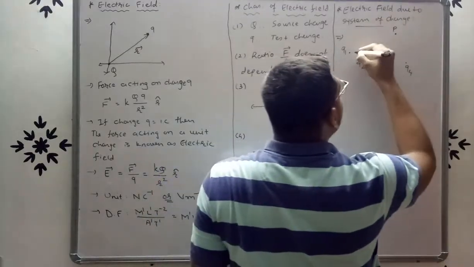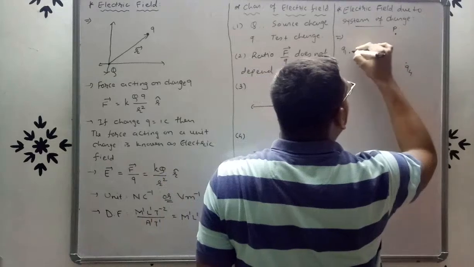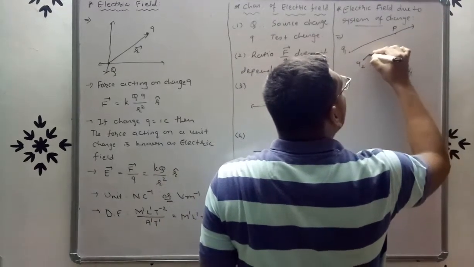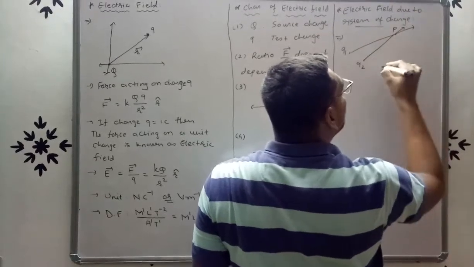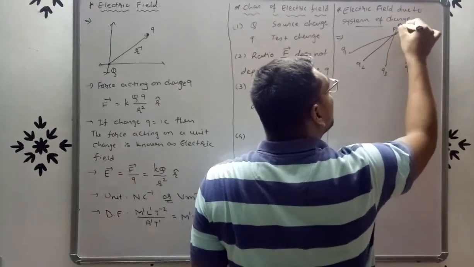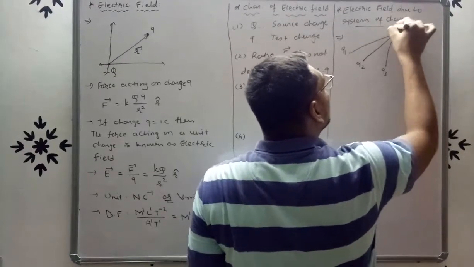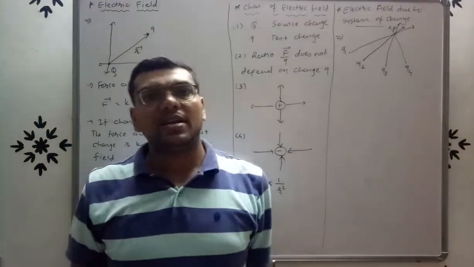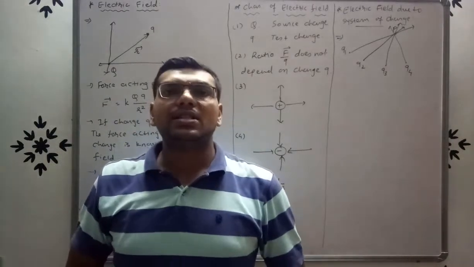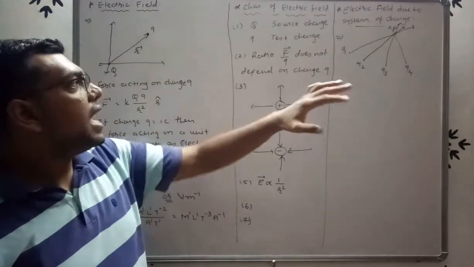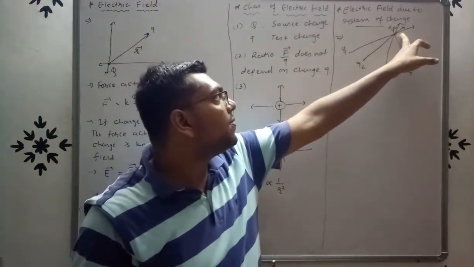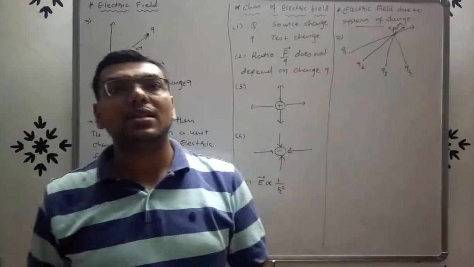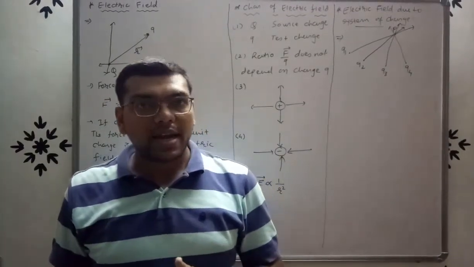So the direction is like this: electric field at point P due to Q1, electric field at point P due to Q2, due to Q3 and due to Q4, right? So the statement is like this: as shown in figure, we have to find out electric field at point P, right? You have to write this sentence, right?